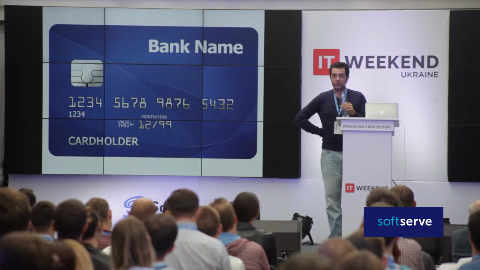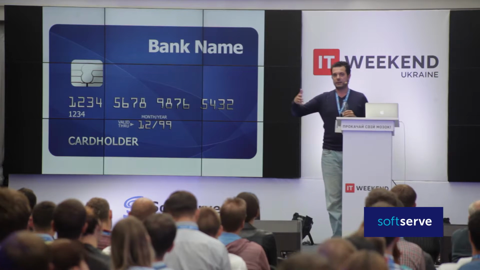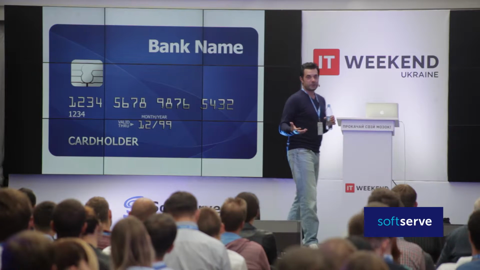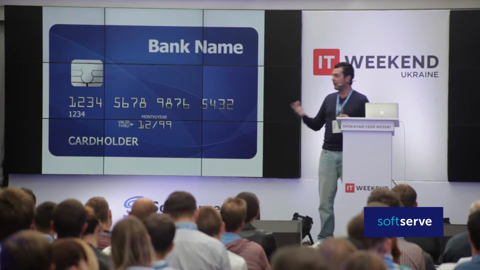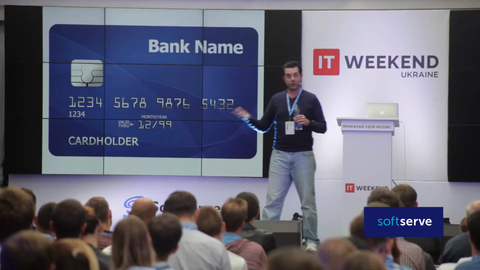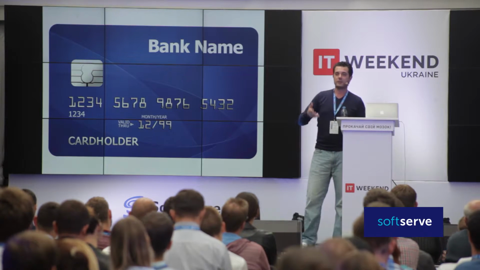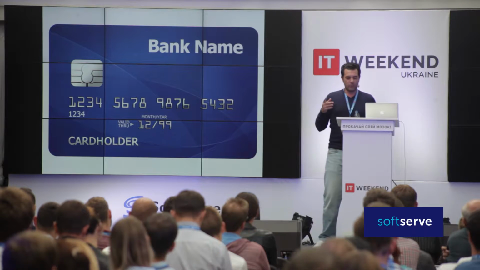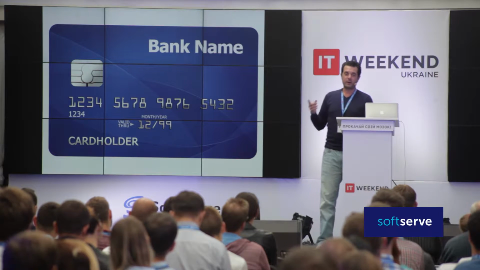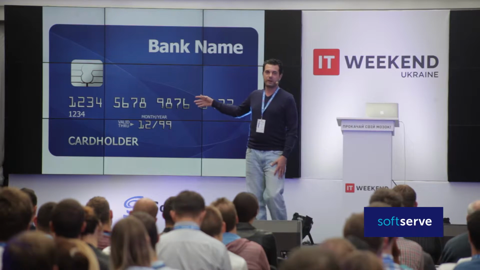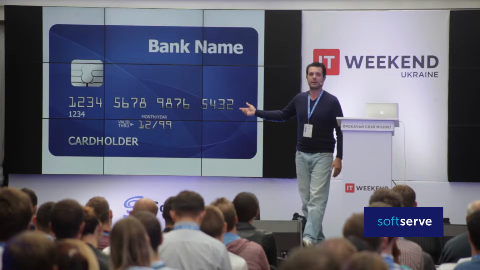Or, another technique is breaking it down in small pieces. This is a pretty common suggestion for whoever wants to learn programming, for example, or any other activity. Break it down in small pieces. Have you ever wondered why a credit card number is made of 4 groups, and each group is made of 4 digits?